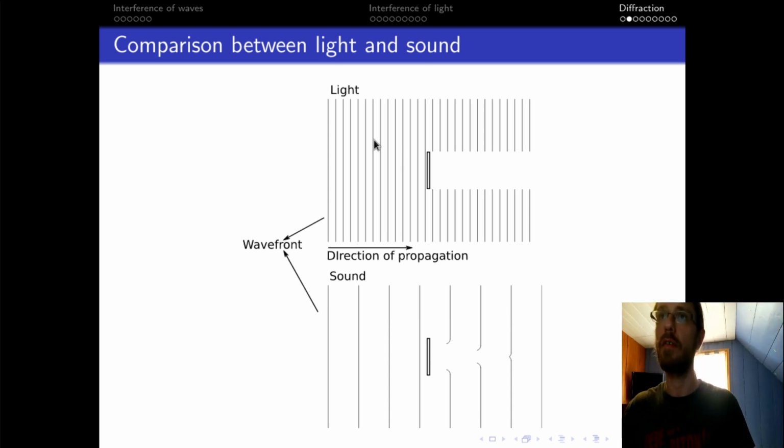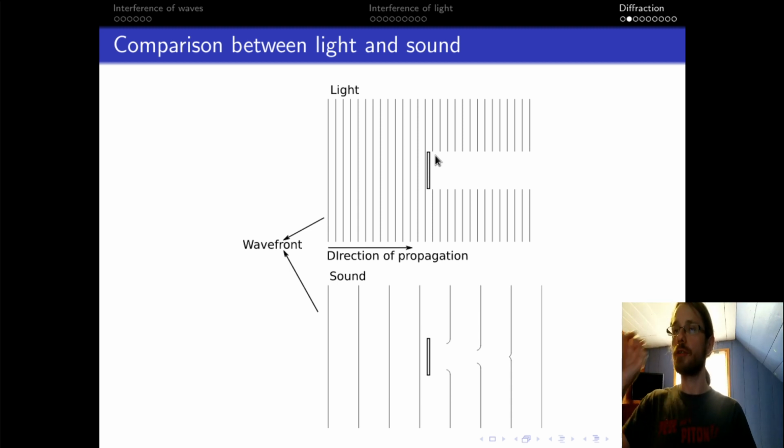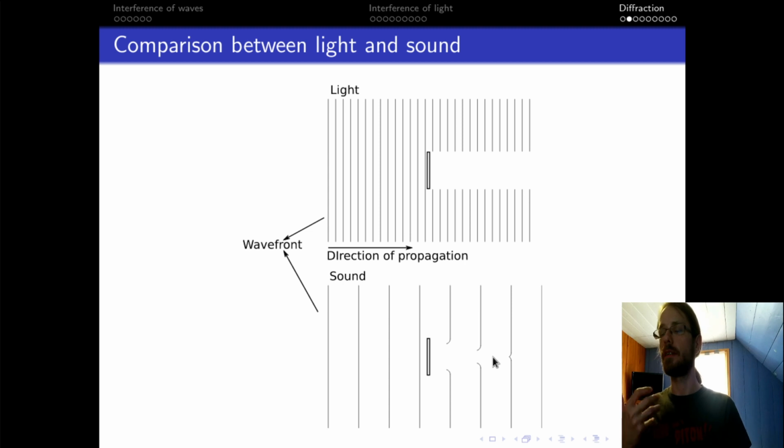However, in the case of light, since its wavelength is much smaller, it is almost entirely blocked by the obstacle. In truth, if we zoomed in around this part, we could see a very small curvature, like we'll see in the case of sound, but negligible compared to the overall effect.